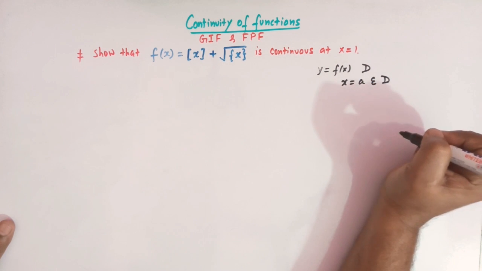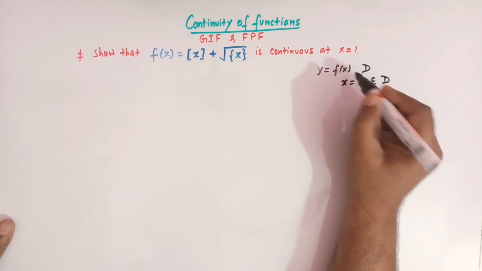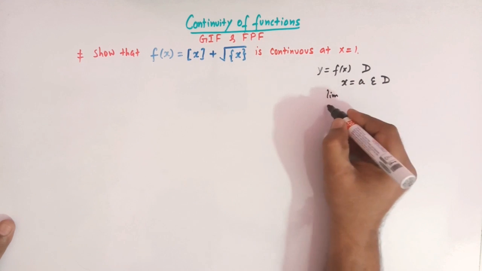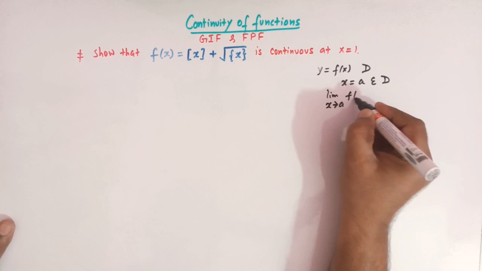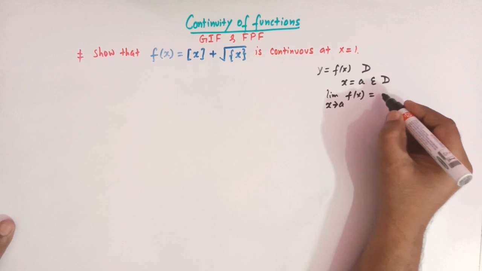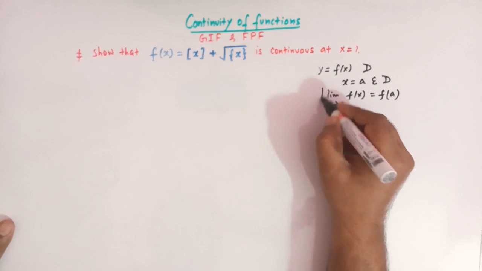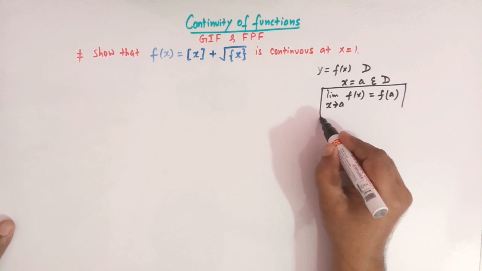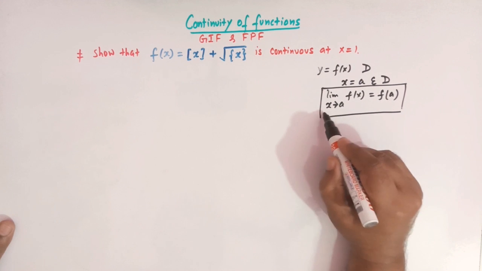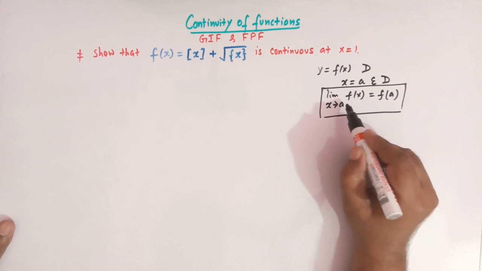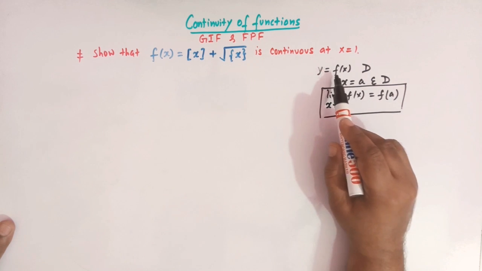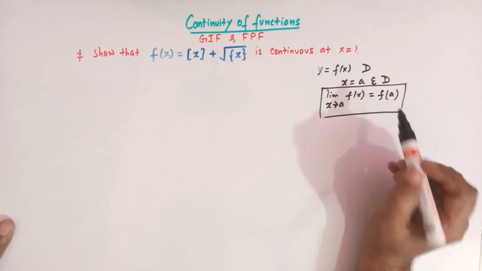The function is said to be continuous if the limit at x is equal to a exists, and this limit is equal to the value of the function at x is equal to a. This is the basic definition of continuity. The limit as x tends to a must exist, it should be finite, and it should be equal to the value of the function at the given point.